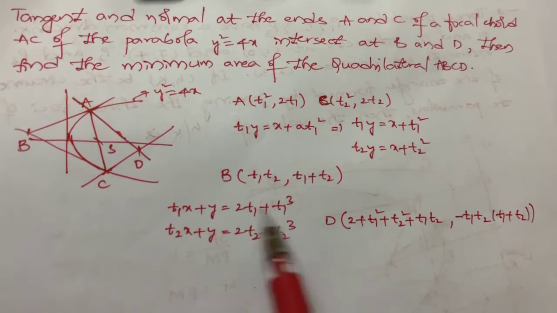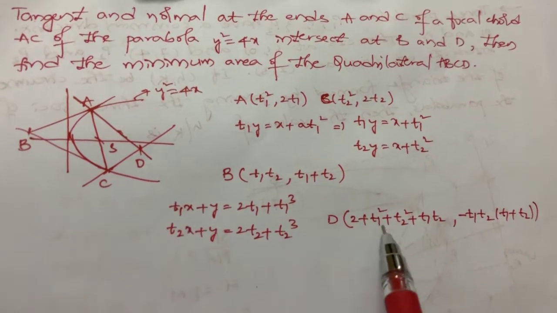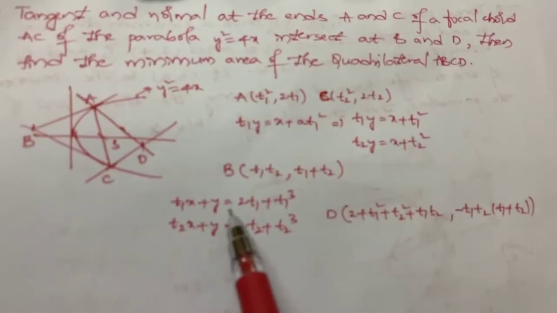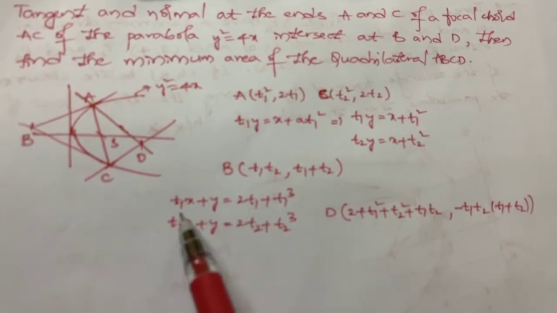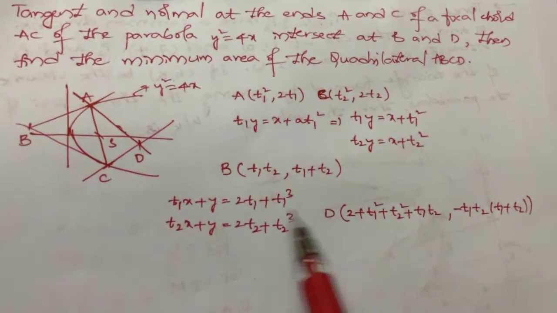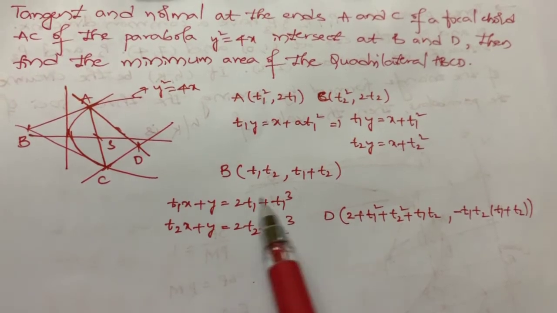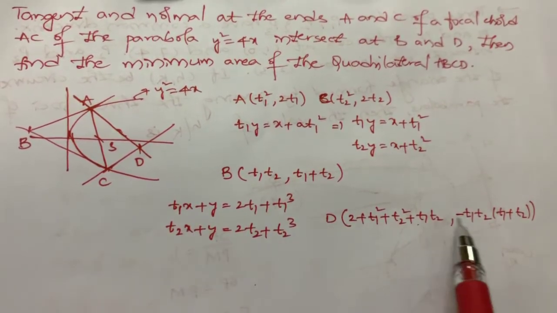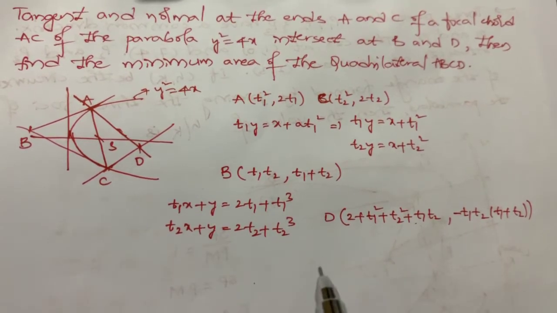If I substitute everything, t1 (2 + t1 squared + t2 squared + t1 t2) + y gives 2t1 + t1 cubed, so y = -t1 t2 (t1 + t2). Okay, this is done. That is sufficient.